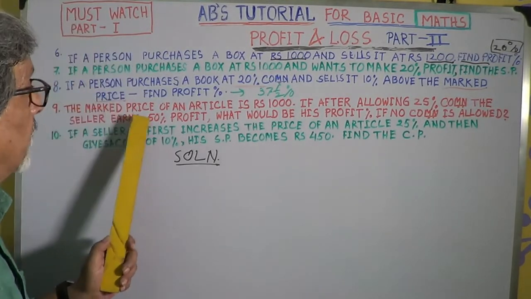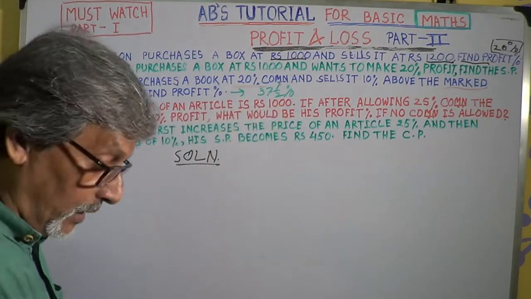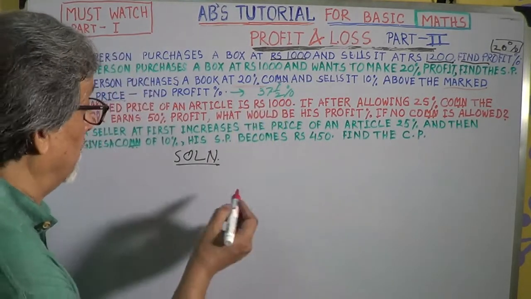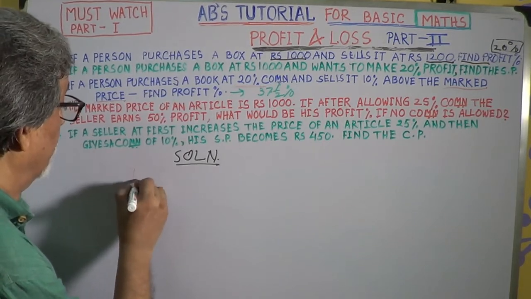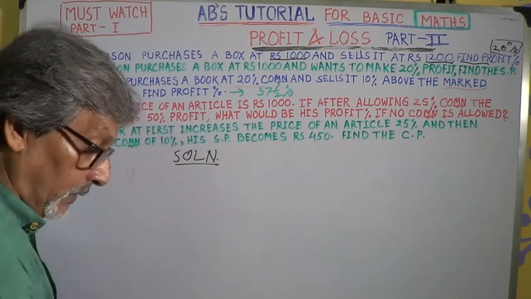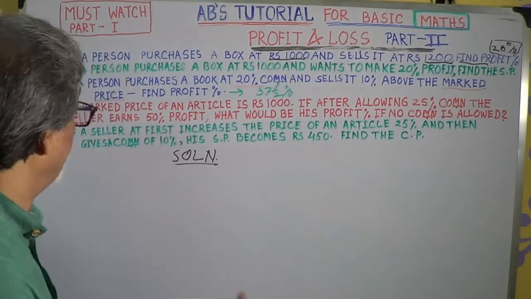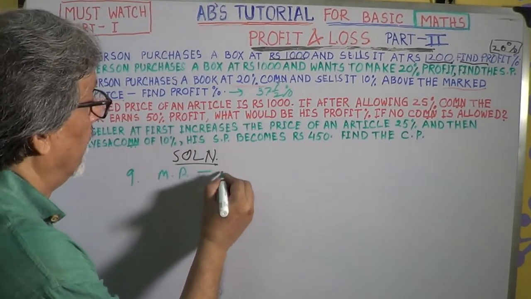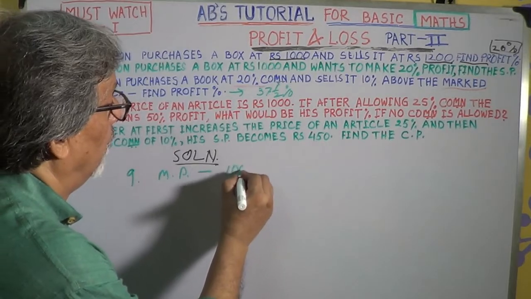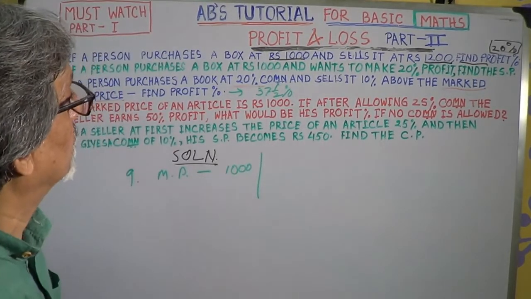The marked price of an article is rupees 1000. Clear? This is rupees 1000.